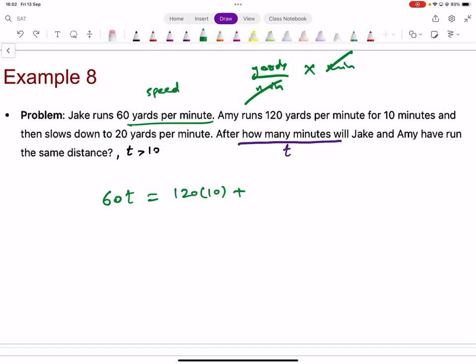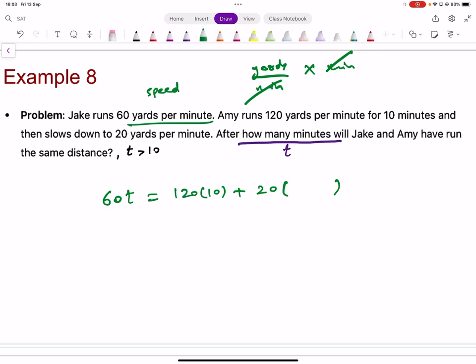Now the speed is 20 yards per minute. So 20 into time. Right? Now what will we write for time here? T plus 10. Remember, what does T represent? T represents the time that has passed since the beginning. 10 minutes have already passed.